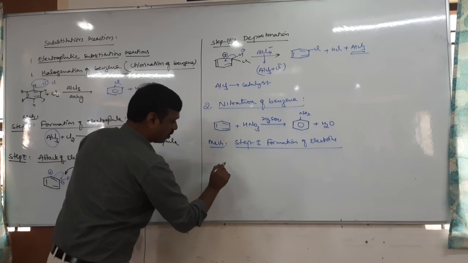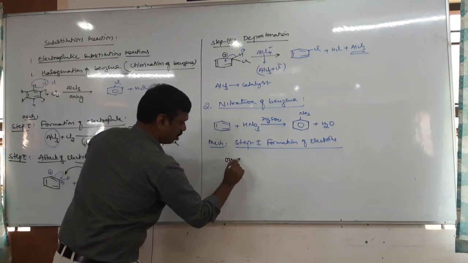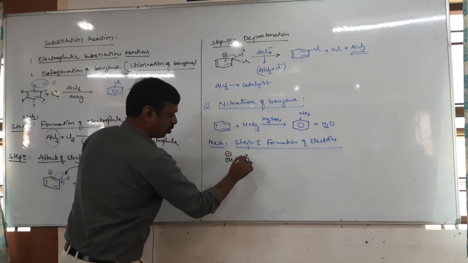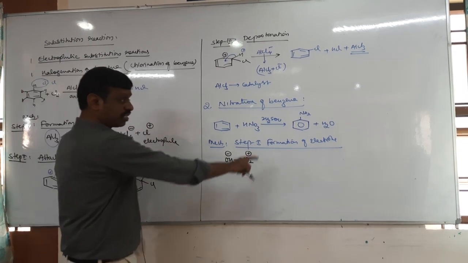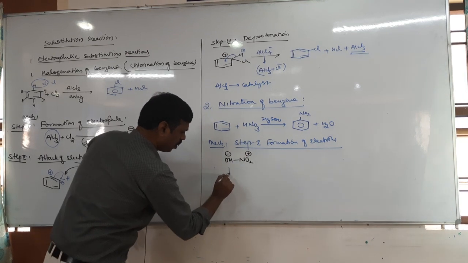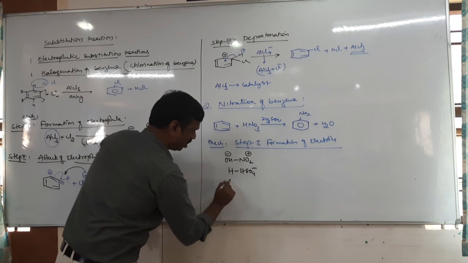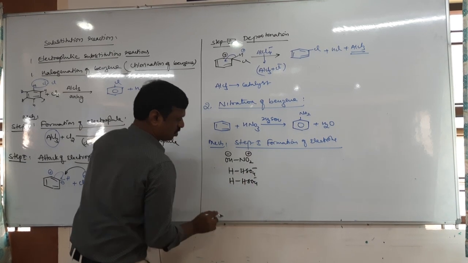Then how is it formed? Say it is HNO3. You can write it like this: OH negative, NO2 positive. And in the presence of sulfuric acid, we can write HSO4 minus. There are 2 moles of HSO4 minus.